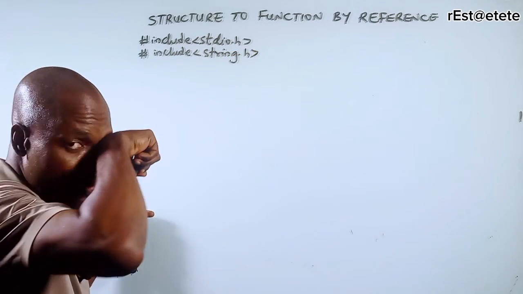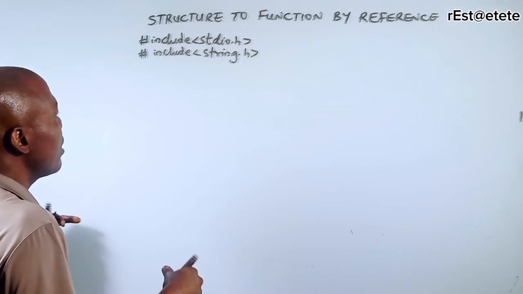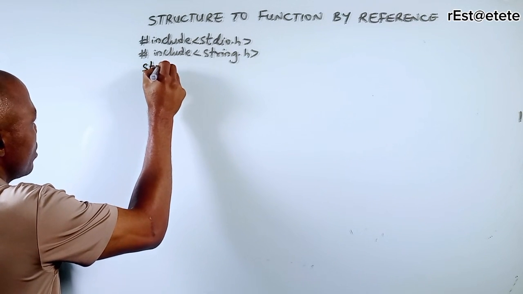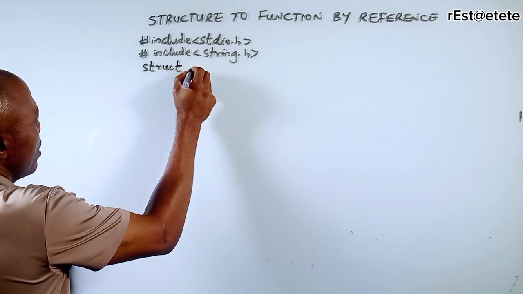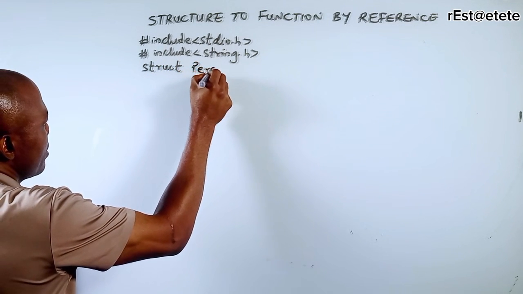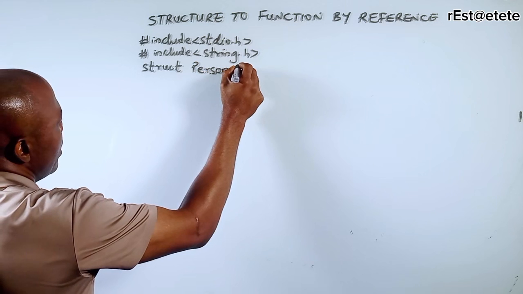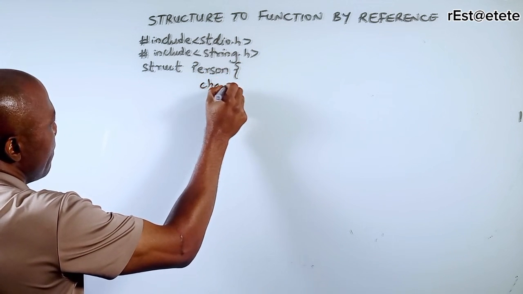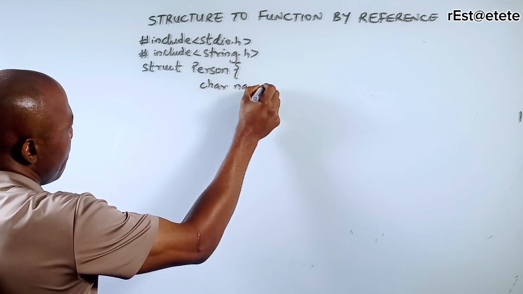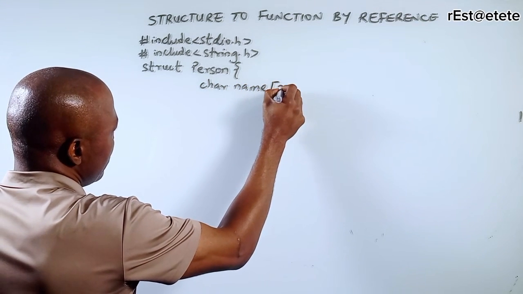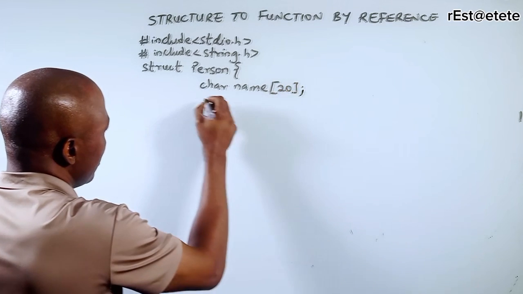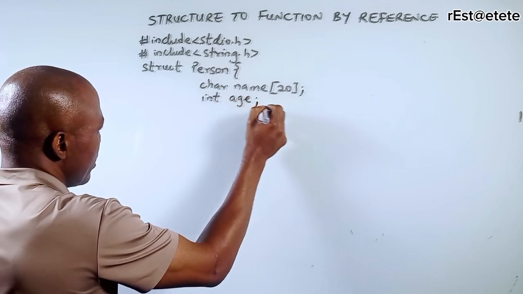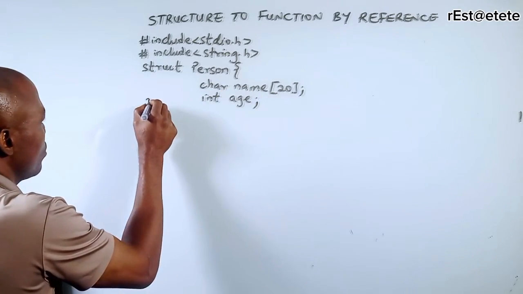Then I'm going to declare my structure: struct person, with char name of size 20, then int age. Then I'm going to close.